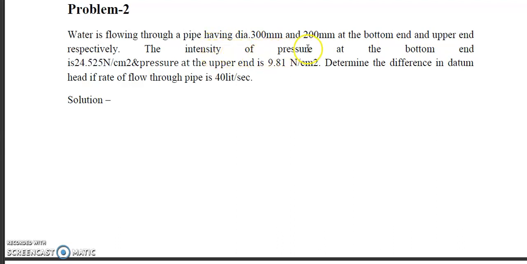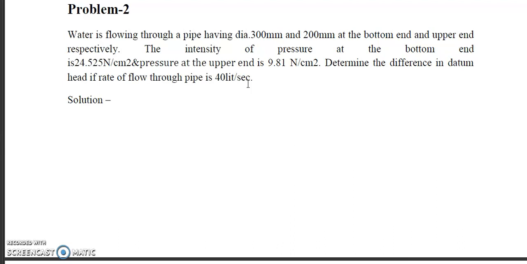The intensity of pressure at the bottom end is 24.525 Newton per centimeter square and the pressure at the upper end is 9.81 Newton per centimeter square. Determine the difference in bottom head if the rate of flow through the pipe is 40 liter per second. So this is the question.